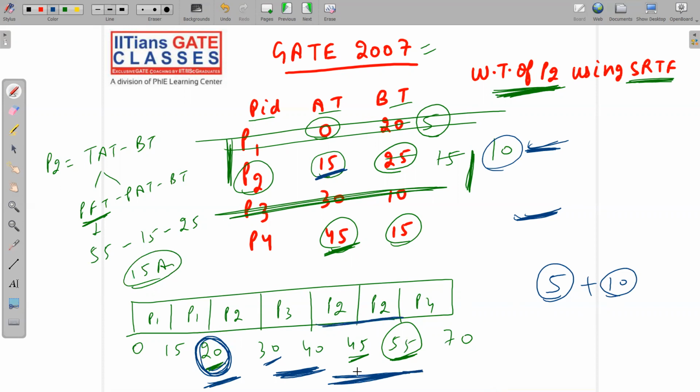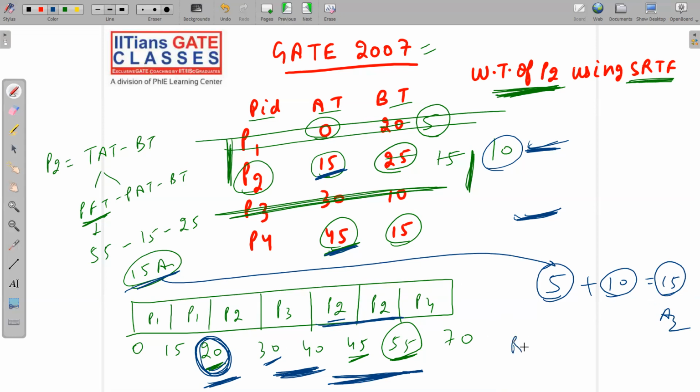Actually I should say 40 to 55 directly P2 has been executed, but I have shown you 2 times because I told you that at 45 I have to take a pause and see which are the processes in the system and which will be executed. So finally 5 plus 10, that is 15. 15 is my answer. So same 15 and 15. I have just confirmed why 15 is the answer.